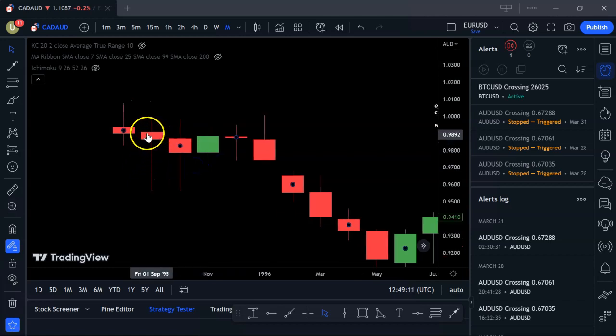So the market opened here. Always, your reference for opening price and closing price must be the body of the candle, not the wicks. The wicks always tell you where the market has been. Don't forget that. As this is a bearish candle, it opened above here, but there is a wick above it.